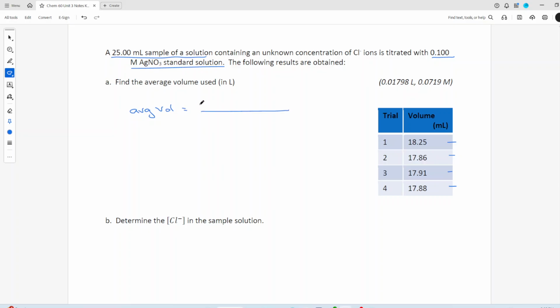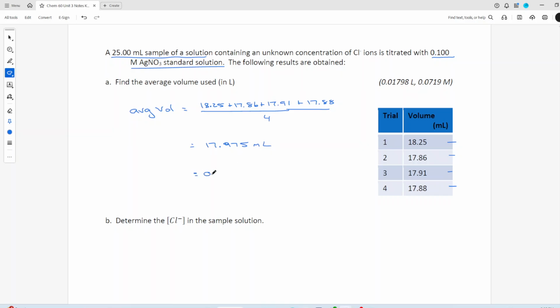So I have 4 trials. So 18.25 plus 17.86 plus 17.91 plus 17.88, divided by my 4 samples, equals 17.975 milliliters.